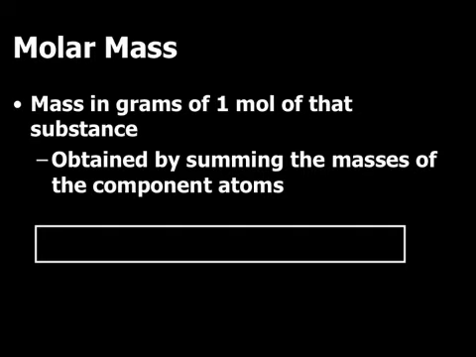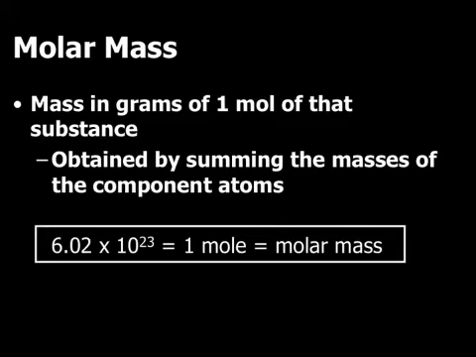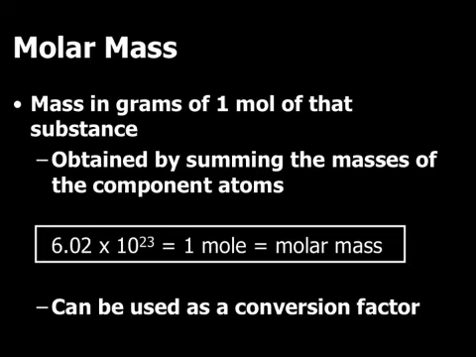If it's just an atom by itself, then molar mass is equal to the average atomic mass of that substance. If we have a compound, then we just add up all of the elements in that compound. So again, 6.02 times 10 to the 23rd equals 1 mole, which is equal to its molar mass.